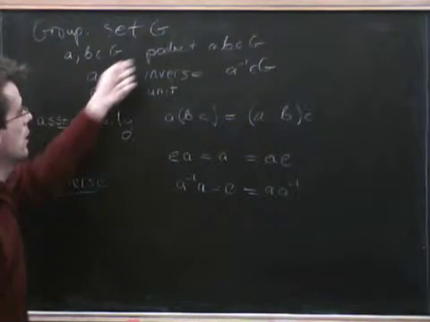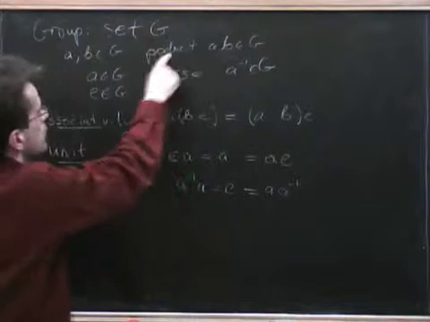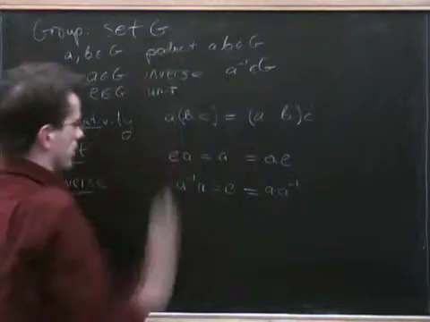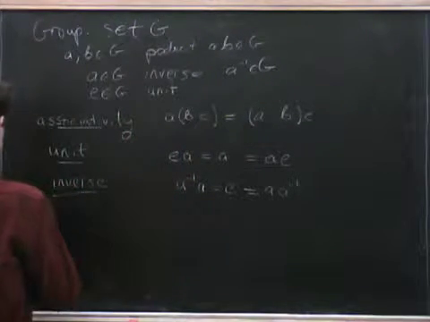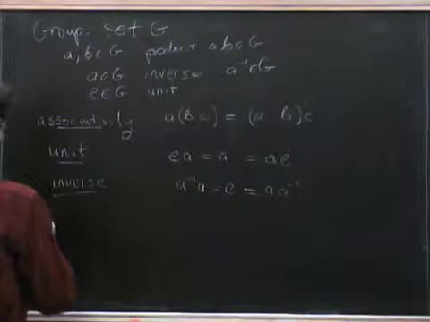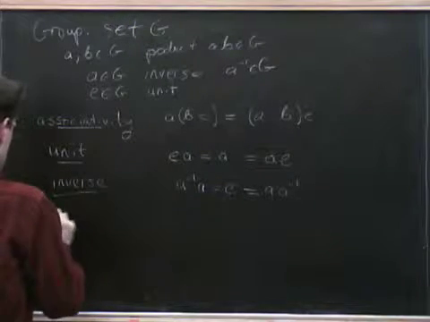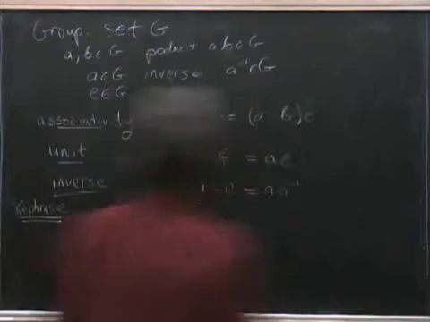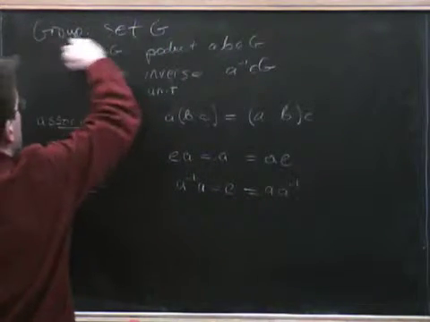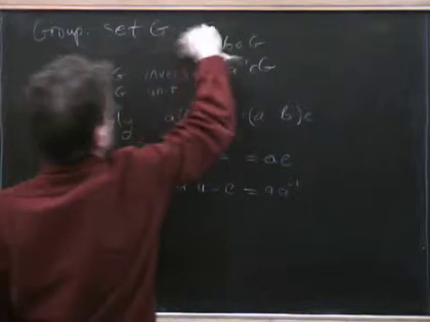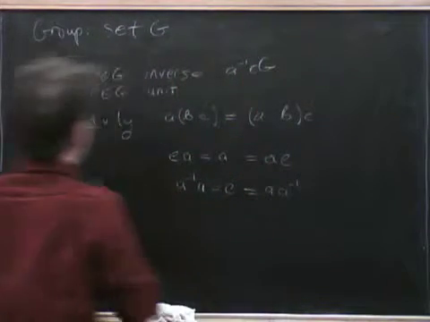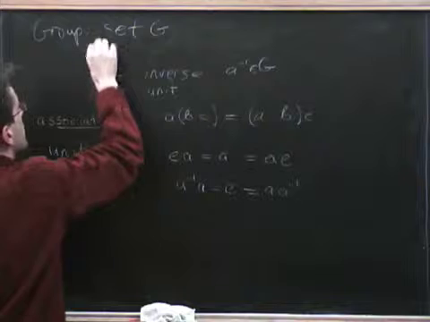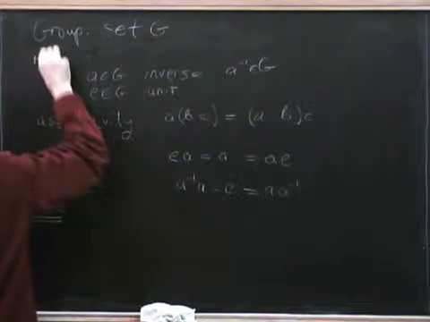So firstly, we can rephrase the product in a different way. Let's just rephrase all this, starting at the bottom. Let's replace the idea of the product with something a bit more categorical in nature, which is the multiplication.